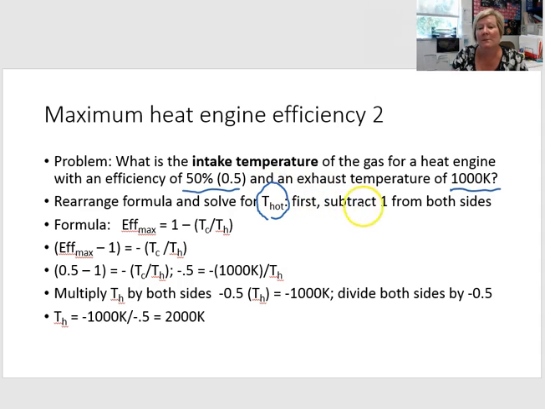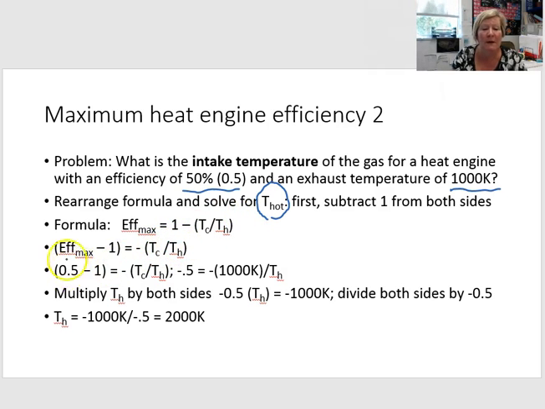So I'm going to recommend subtracting 1 from both sides. Here's our starting formula. So I'm going to subtract 1 from here and from here. So you get maximum efficiency minus 1 is equal to negative T cold over T hot.